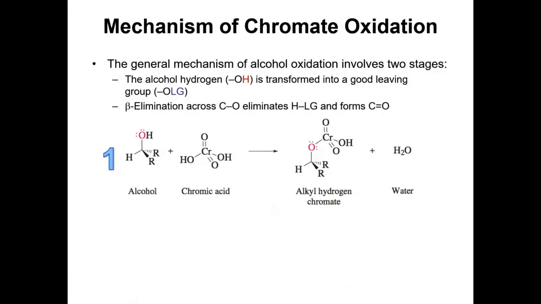Now let's look at the mechanism. With that, probably you will be able to understand how this reaction works, and partially you can understand why the ketone, the secondary alcohol, will not be further oxidized into carboxylic acid.